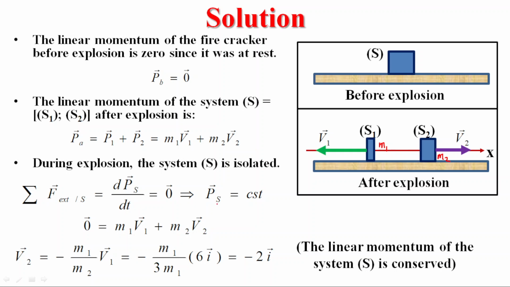Therefore, P of the system is constant. We write P before explosion equals P after explosion. Therefore, P before explosion, which is 0, equals after explosion m1 v1 plus m2 v2. We solve for v2. We get v2 equals negative 2i.